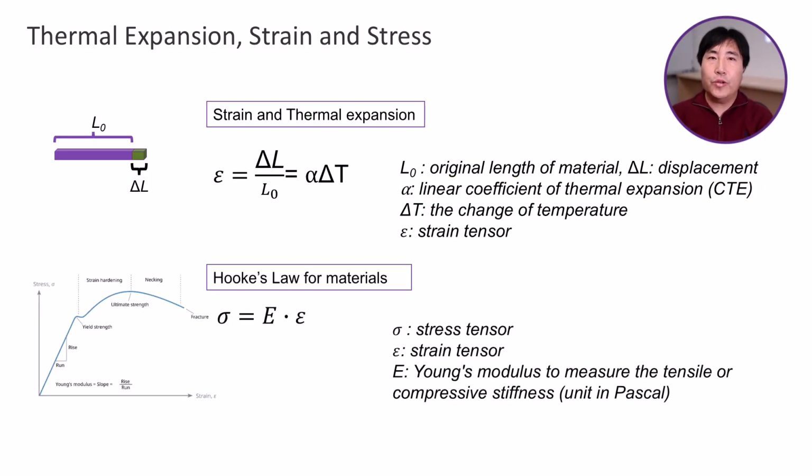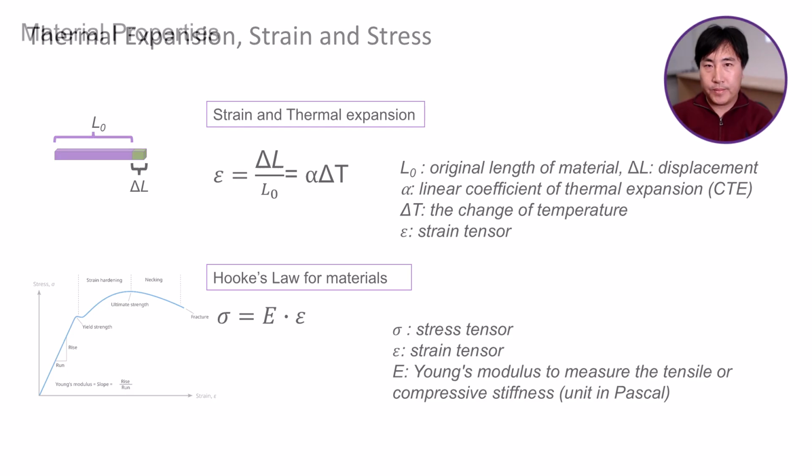Then we introduce stress, force per unit area, and strain, the resulting deformation. And Hooke's law links the two parameters with Young's modulus as the constant. Together, these relationships help us trace heat-driven shifts all the way from expansion to structural stress.